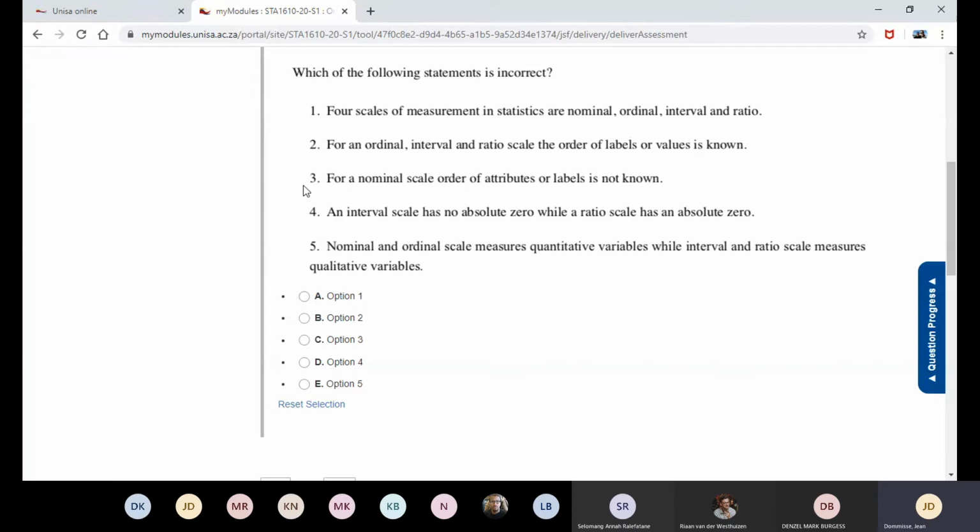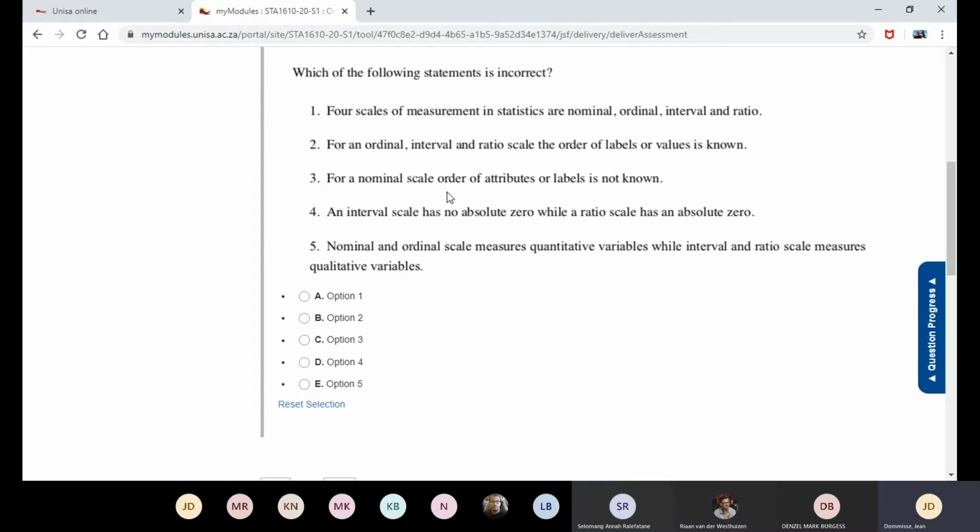So we're still thinking 3 or maybe 5. Nominal and ordinal scales measure quantitative variables, while interval and ratio scales measure qualitative variables? No, that's not right. Nominal and ordinal measure qualitative. They swapped it. I agree, so that one is the incorrect one.